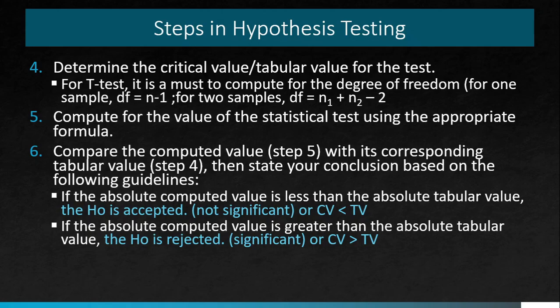Okay, so please take note on that. If computed value is less than tabular value, you accept null. But if computed value is greater than tabular value, you accept alternative hypothesis.